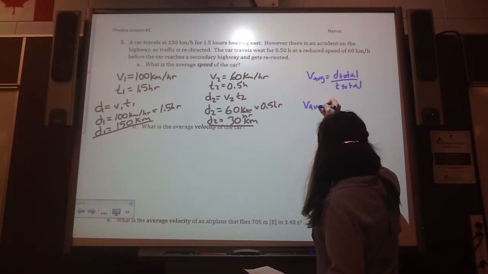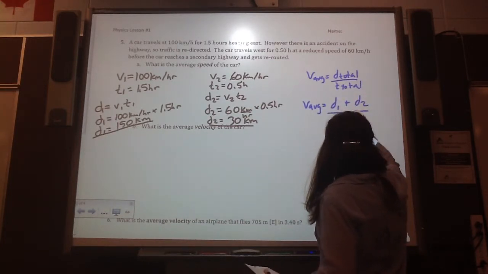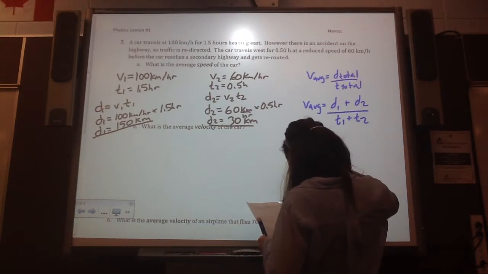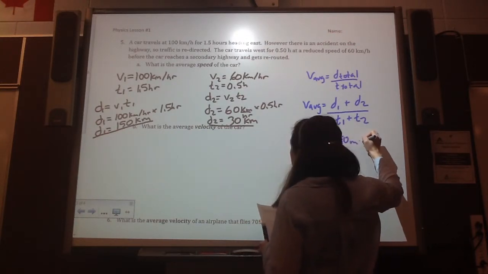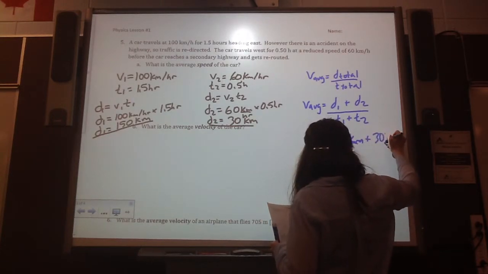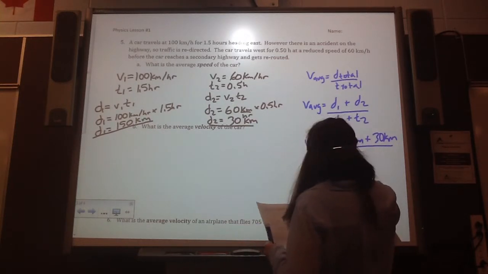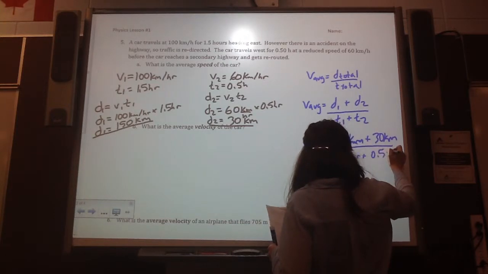So V average is equal to D1 plus D2 over T1 plus T2. So V average is equal to 150 kilometers plus 30 kilometers divided by 1.5 hours plus 0.5 hours.